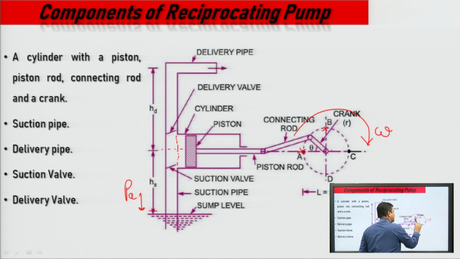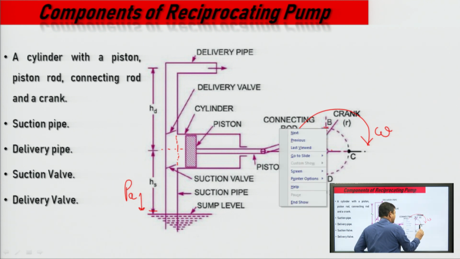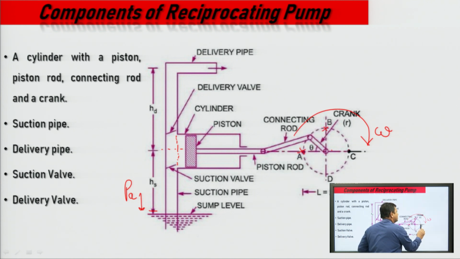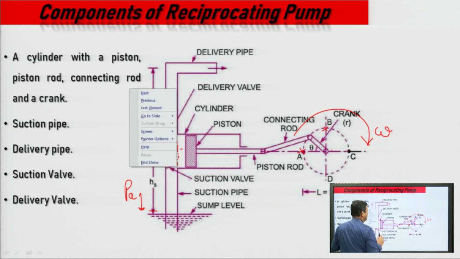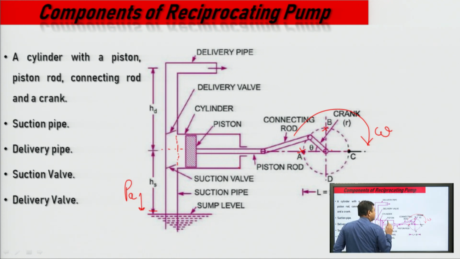At the middle of the stroke theta is 90, and at the end of the stroke theta is 180. So one stroke, the suction stroke, is completed from theta 0 to theta 180.